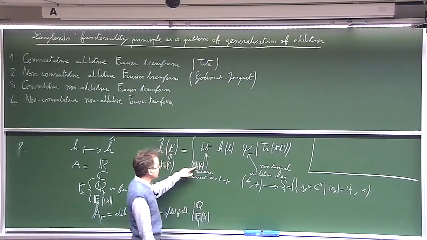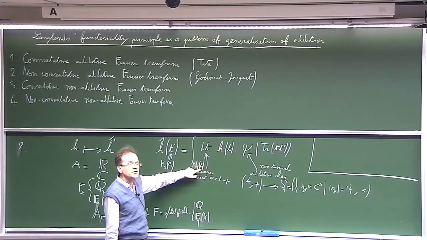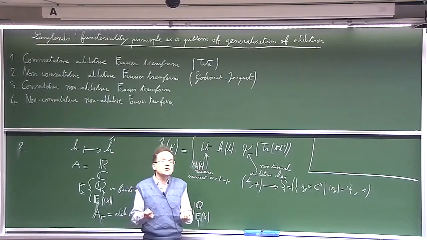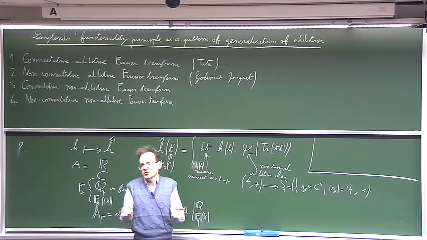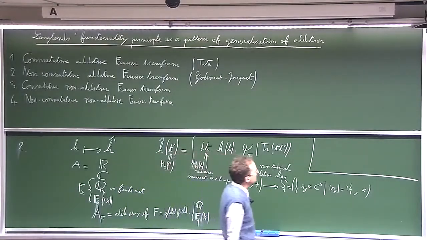Commutative, I remind you, referred to the case where we had R equals 1. So this means that the group is A cross. But of course it is possible to replace A cross, which is a commutative group, by an arbitrary power of A cross.